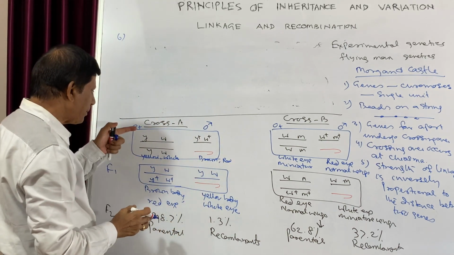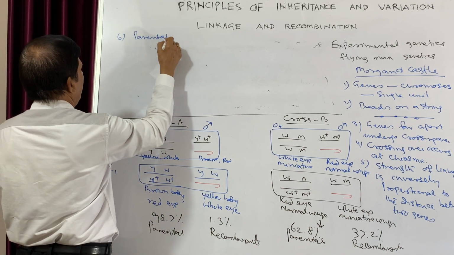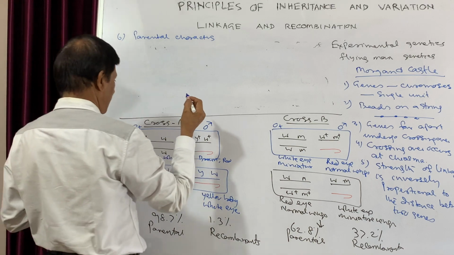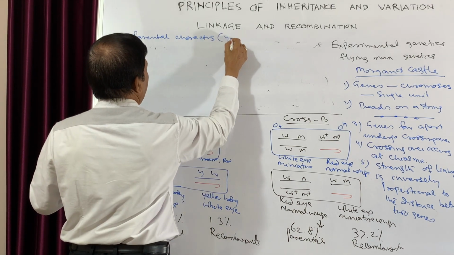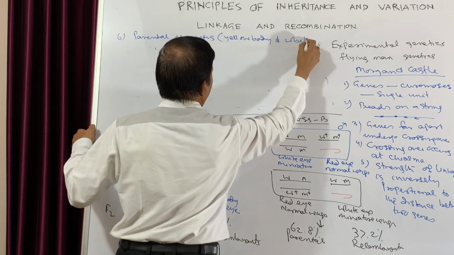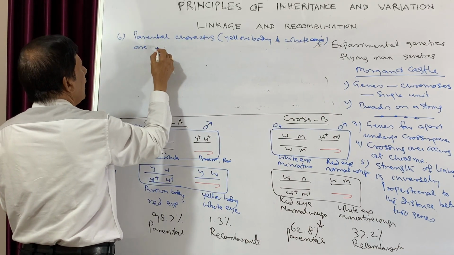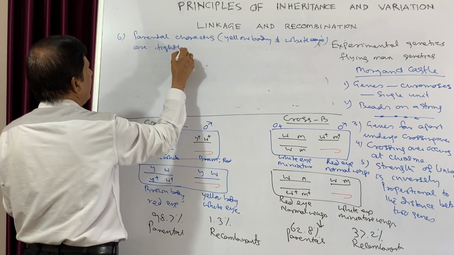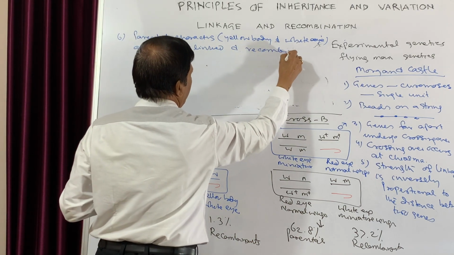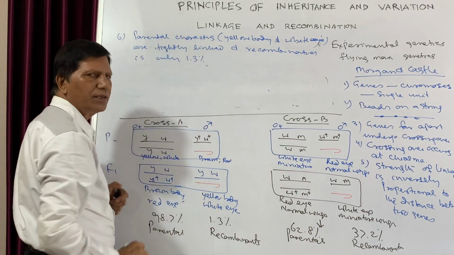That means the parental characters in this experiment, yellow body and white eye, are tightly linked, and recombination is only 1.3%.